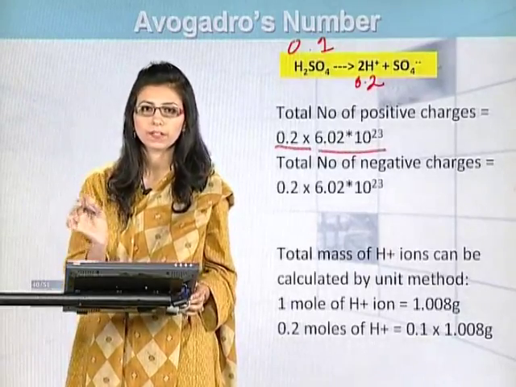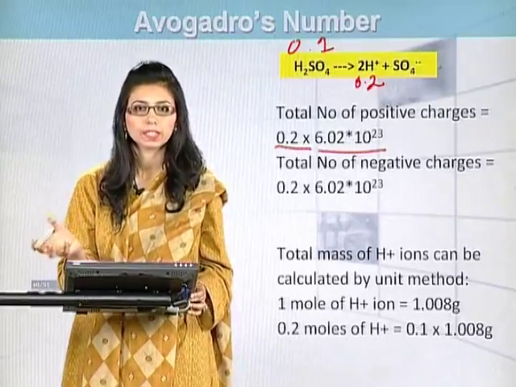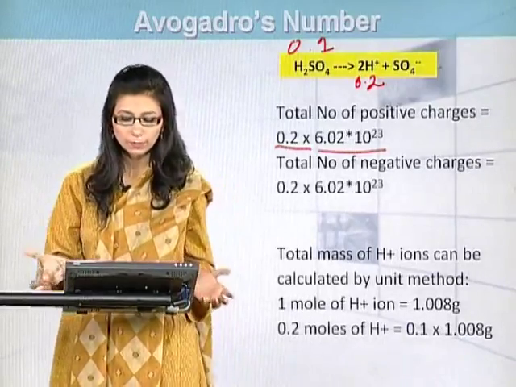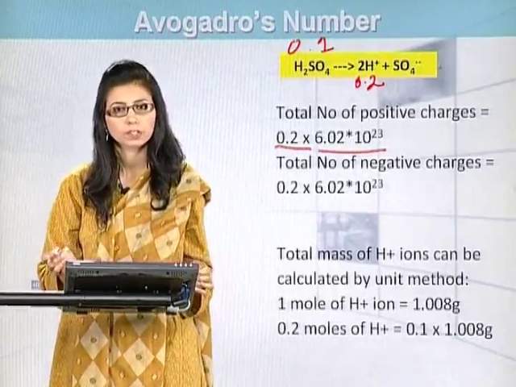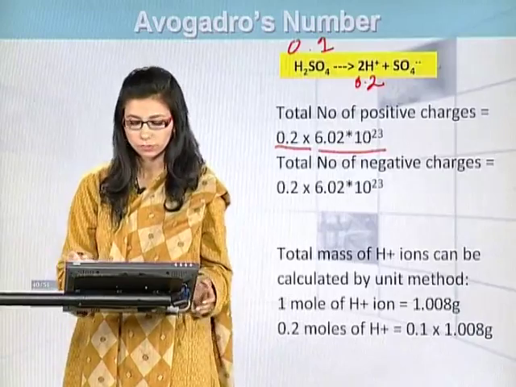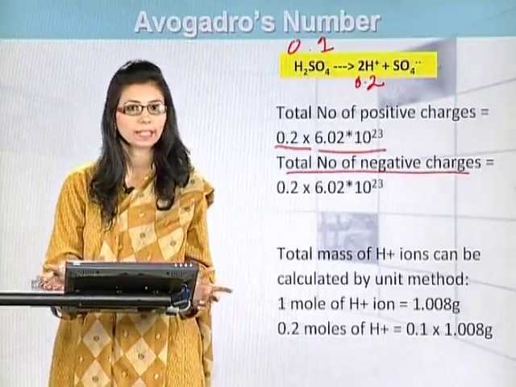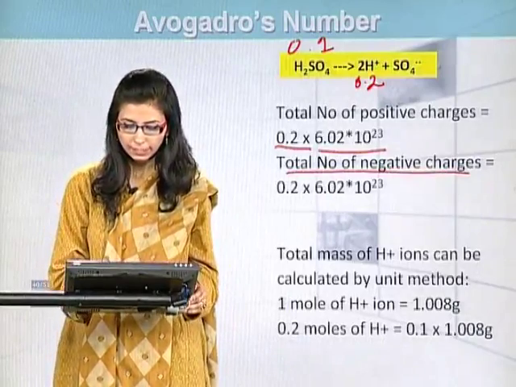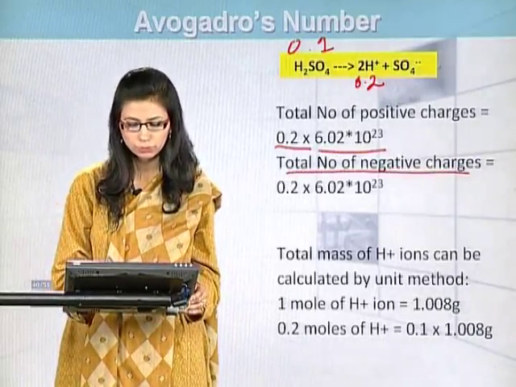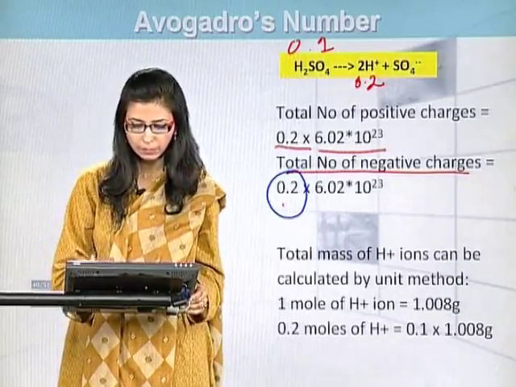0.2 moles positive ions बने हैं, और अगर इन mole quantity को मैं Avogadro's number से multiply कर दूं, then what will I get? The total number of positive charges in the given compound. So I want to know the total number of negative charges. Negative charges, sulfate negative ion है. Here I have multiplied 0.2 with Avogadro's number.